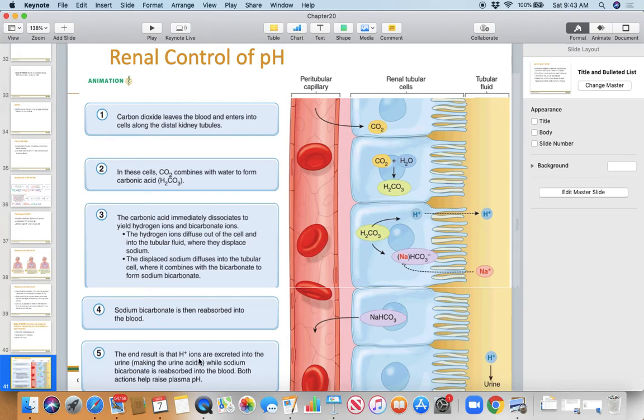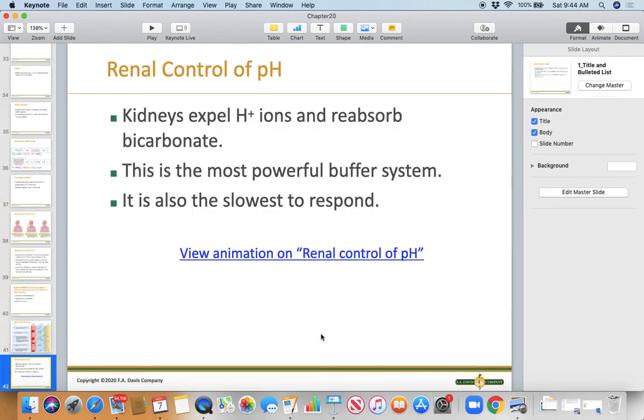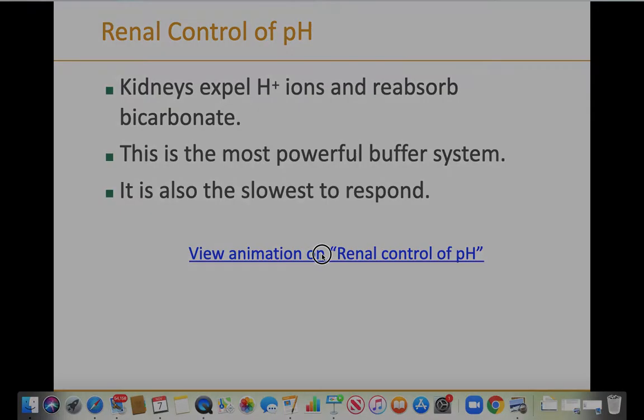So the end result is that hydrogen ions are excreted into the urine, making the urine acidic, and the sodium bicarbonate then is in the blood, and both of those help to raise the plasma pH. So let's watch this animation on this.